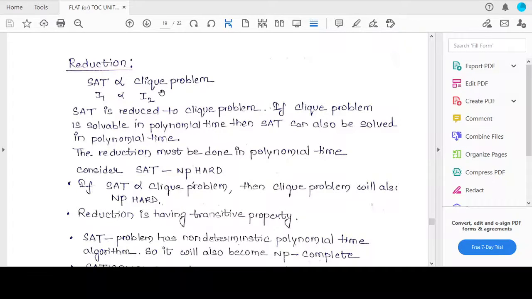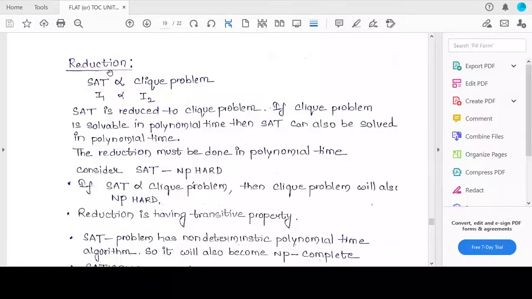Okay, so if the clique problem is solvable in polynomial time, then the satisfiability problem could also be solvable in polynomial time. Okay, so one more point I would like to say here is, if satisfiability is an NP hard problem, and if satisfiability is reduced to some other NP hard problem, then both problems will be considered as NP hard, right?